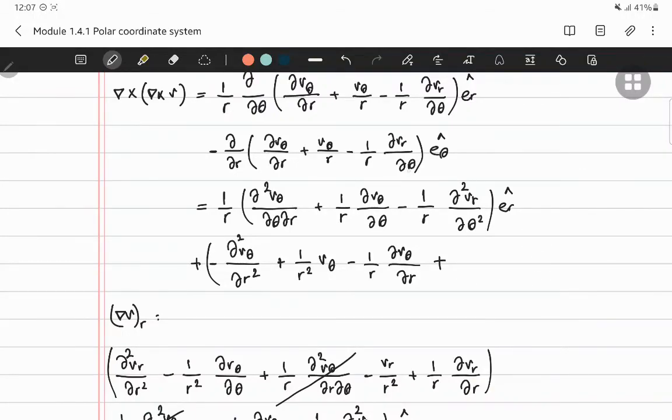So the first one is minus, so this is minus plus, and then I have a minus, so this becomes plus, so minus.